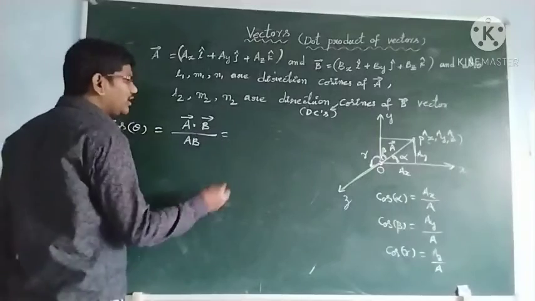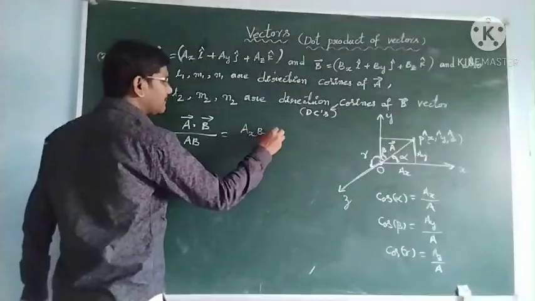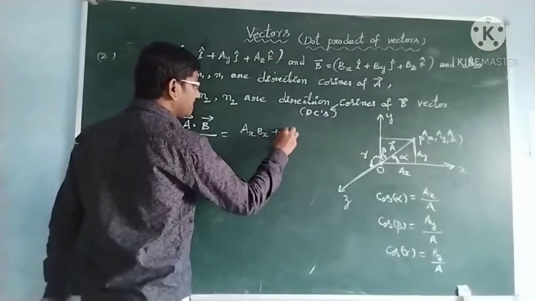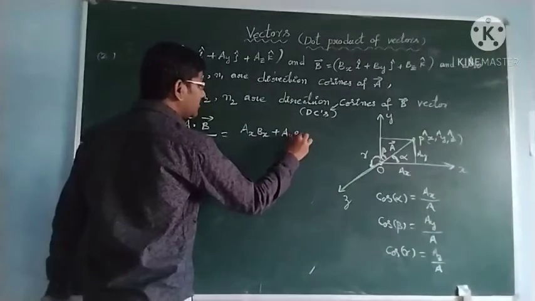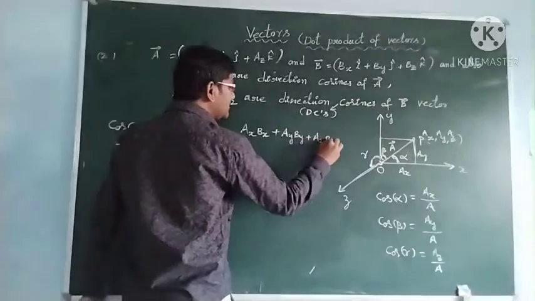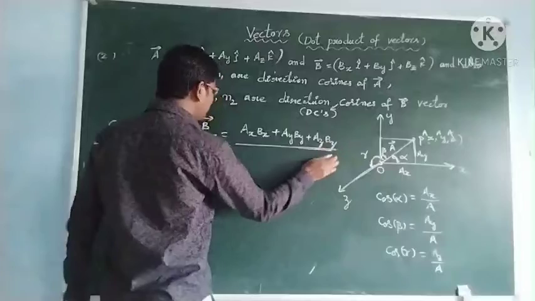This a bar dot b bar you are writing as ax into bx plus ay into by plus az into bz.